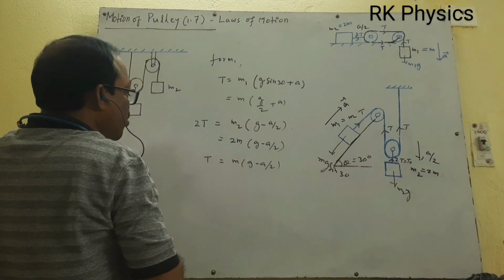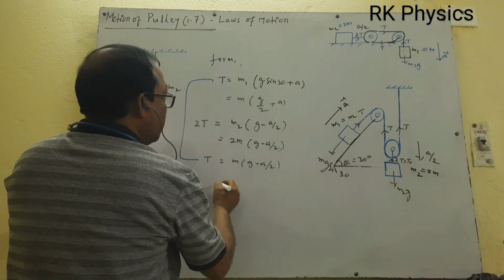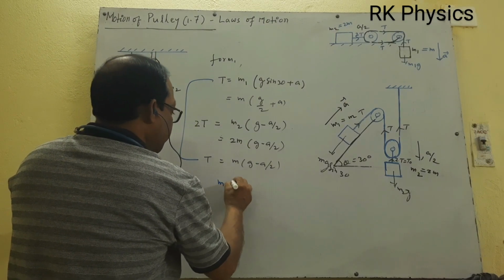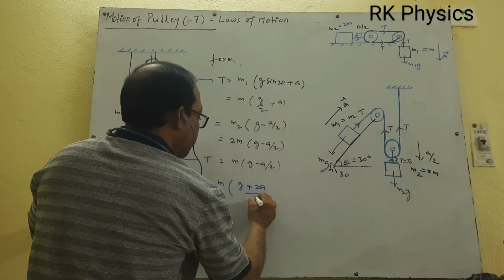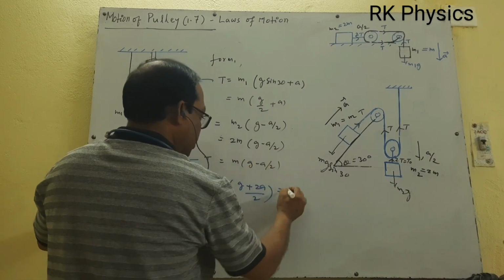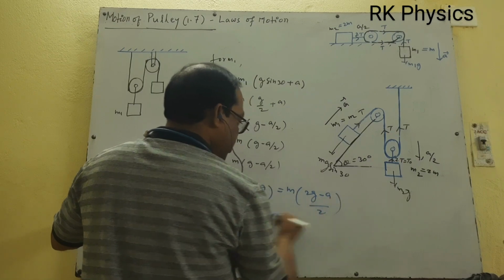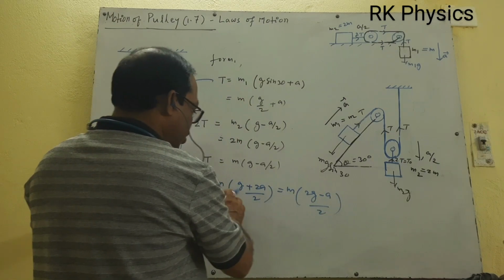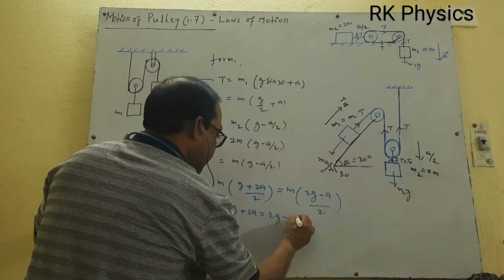Now if you compare these two equations, M into (g by 2 plus A) equal to M into (g minus A by 2). M cancels, so g by 2 plus A equals g minus A by 2.